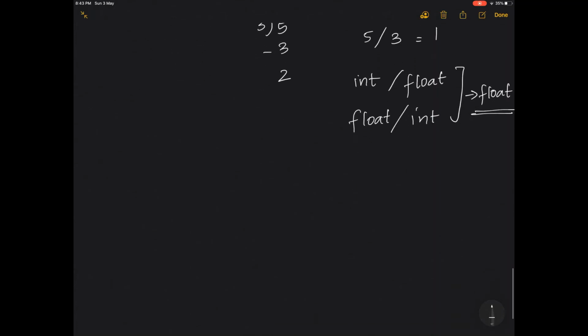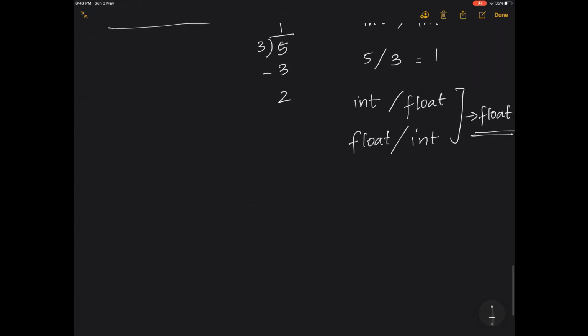So for that, if my two variables a and b are going to be integer, I need to forcefully convert one into float. Only then my answer is going to come in float. So whenever you do that, you have to convert a variable into float. We call it explicit type conversion, or in front of the variable, write the data type in a bracket. This will convert it into a float forcefully.